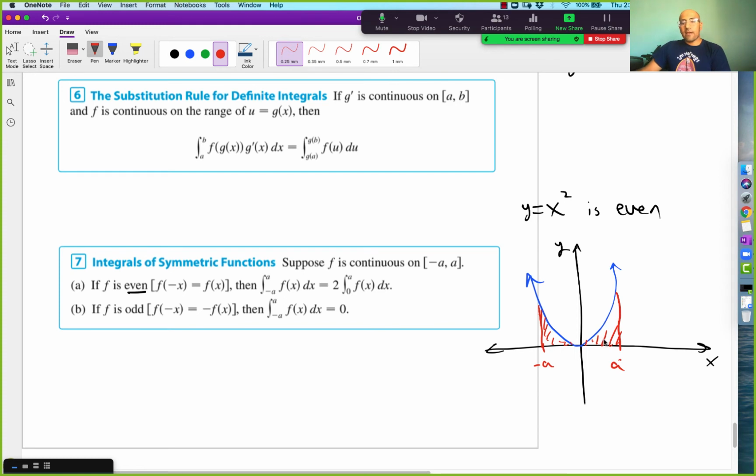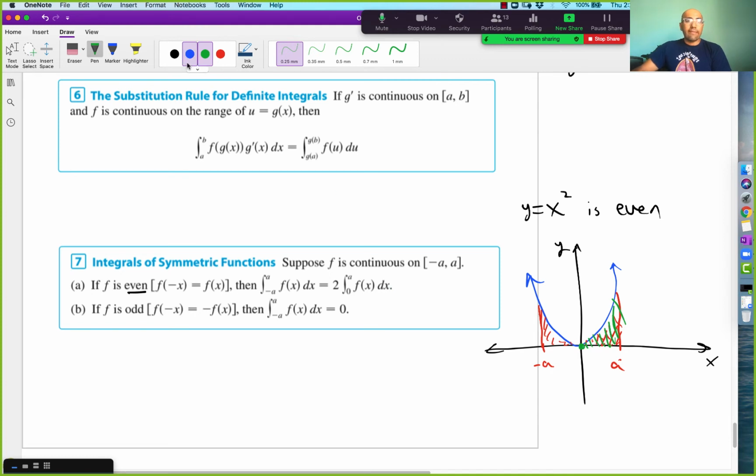If you want to find the area underneath the curvature, because it's even, then what this is saying is the area underneath the curvature from negative a to a is equal to just finding the area from 0 to a and then doubling it. The area in the green, if you double it, you're going to get the area of the whole red. Seems pretty obvious.